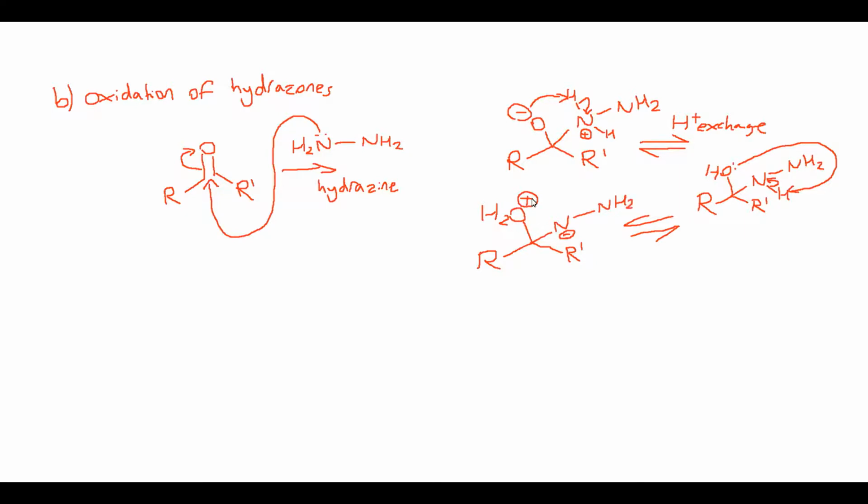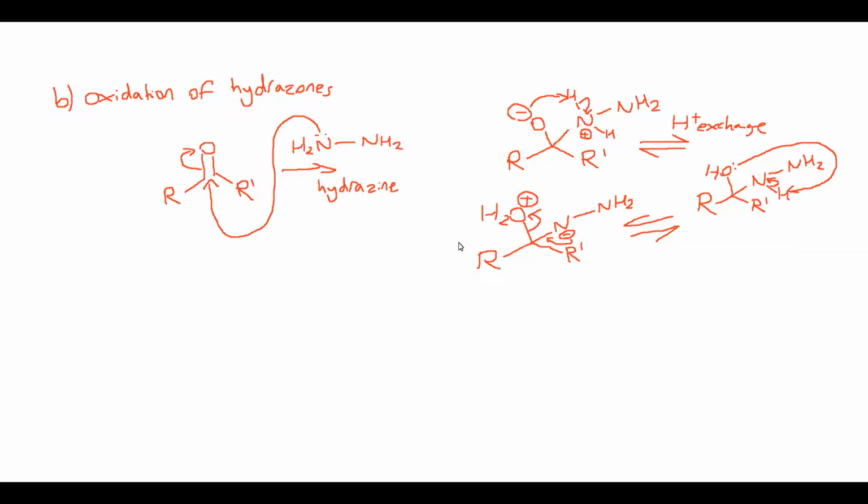So now we've set up water as a leaving group, and water is a really good leaving group. So what we can do is move this lone pair of electrons in to make a double bond with that nitrogen. So between the carbon and the nitrogen, there'll be a double bond. This carbon can't have 5 bonds, so it's going to kick off one of these leaving groups, and water is the best leaving group.